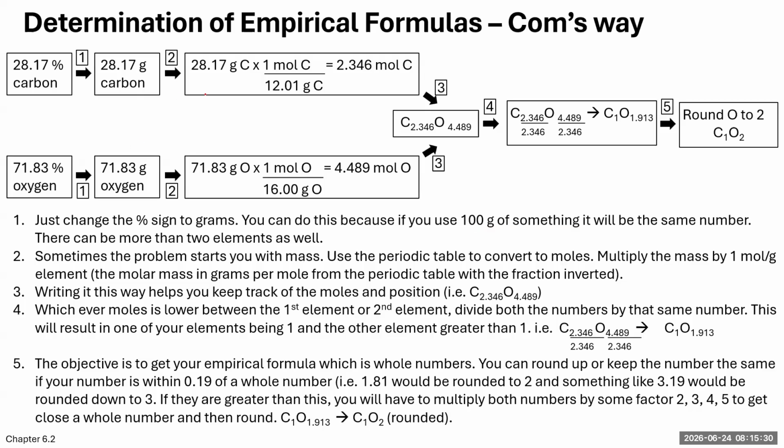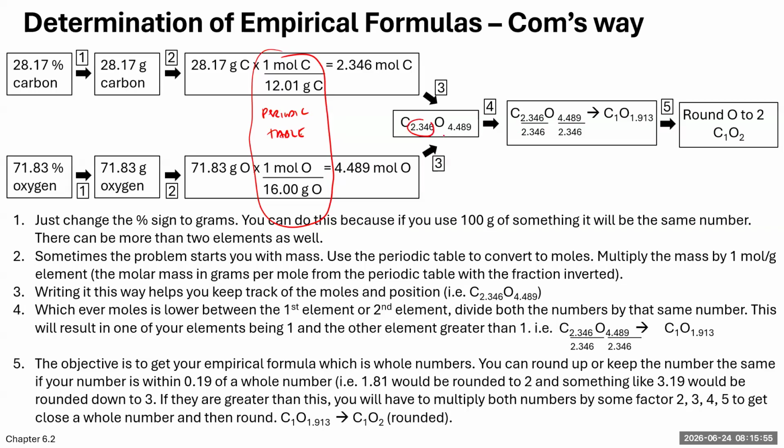All right, next step, change to moles using the periodic table, right? Let's circle this. Again, from the periodic table. You're going to write it with the letters and the little subscripts. You're going to divide both of them by the lowest number.